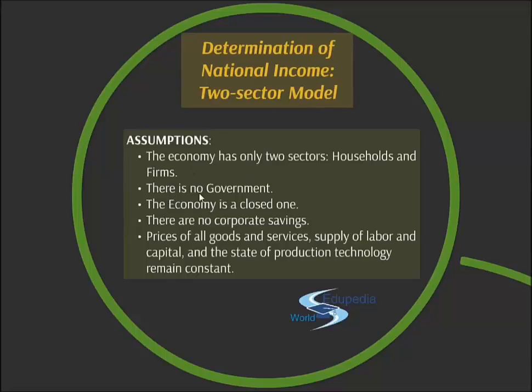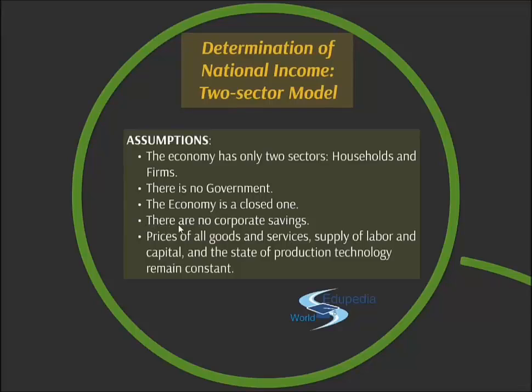The second assumption is that there is no government, or even if the government is there, it is not interfering in the economic activities of the country. The third assumption is that the economy is a closed one, which means that there are no foreign trades happening. There are no economic transactions between countries.